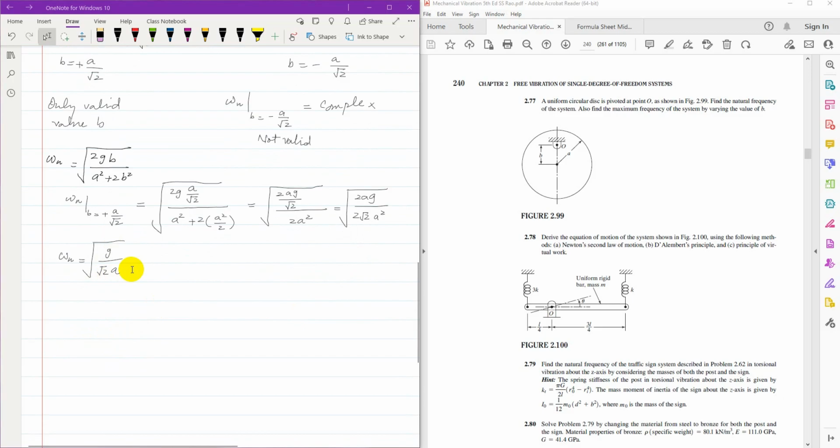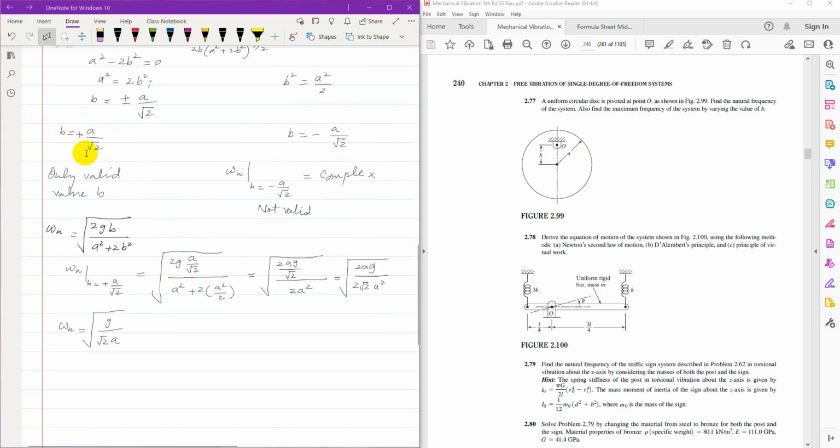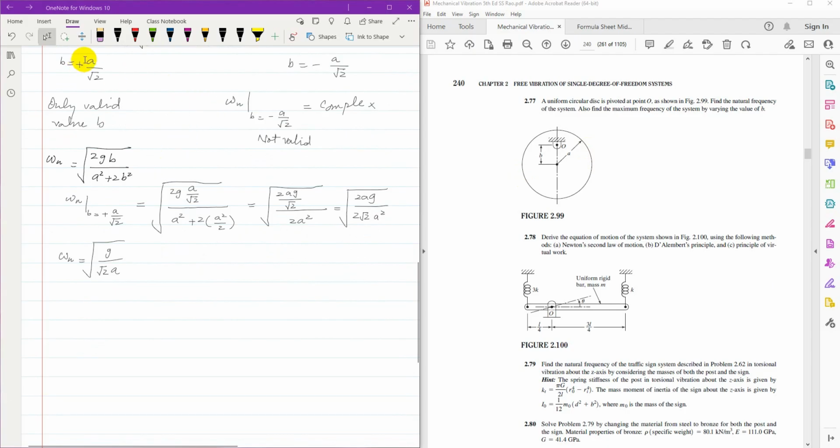So now in this case, the value of b for which the natural frequency is maximum is a over root 2. And let's say if I set b equal to 0, b equal to 0 means that O will be at the center of mass.